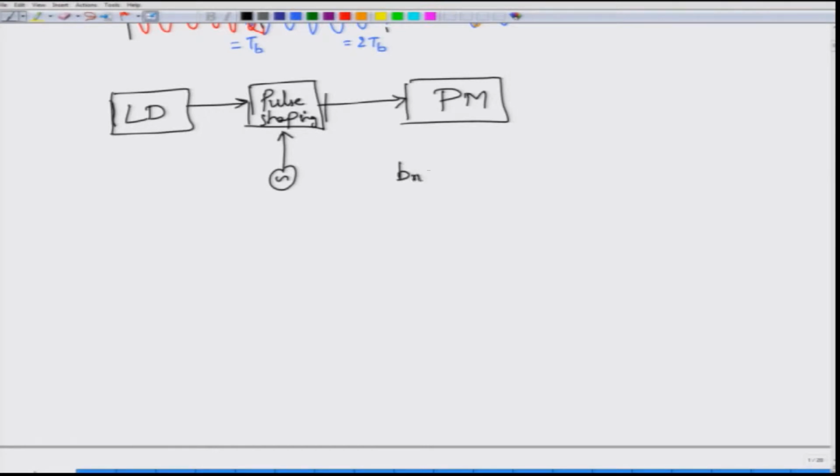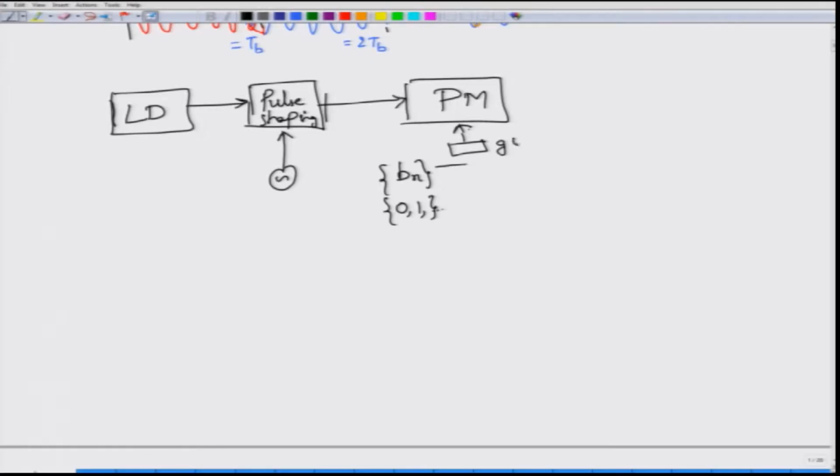Whatever the bit sequence that I am getting here, Bn, which can be a sequence of 0, 1, right. So, it can only take on the values of 0 and 1. So, this particular sequence that I am transmitting comes out as Bn, and this needs to be given as input to the phase modulator. If you wish, you can include an electrical block here which will do an electrical pulse shaping.